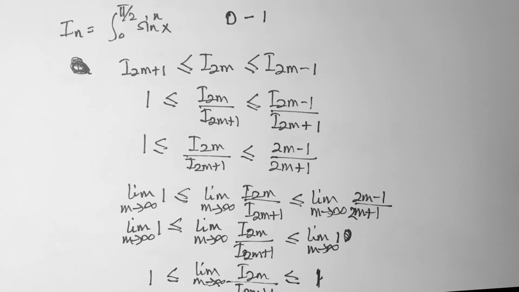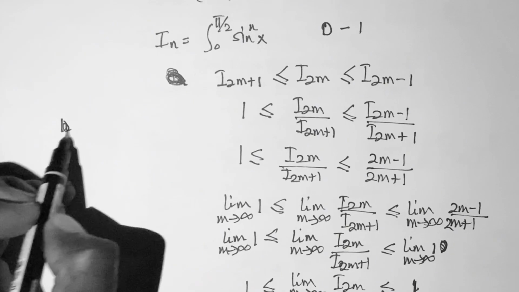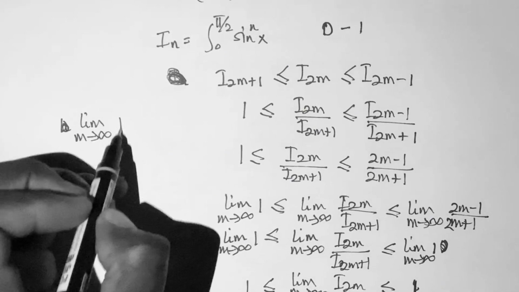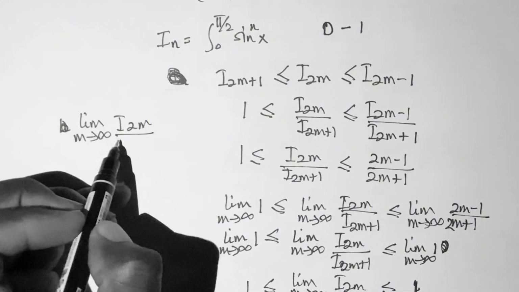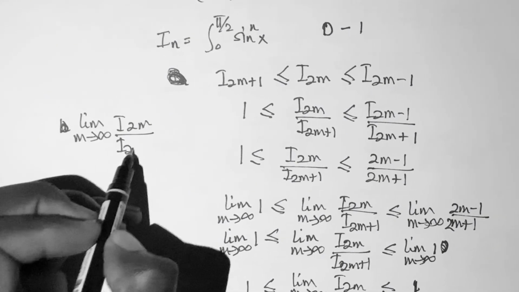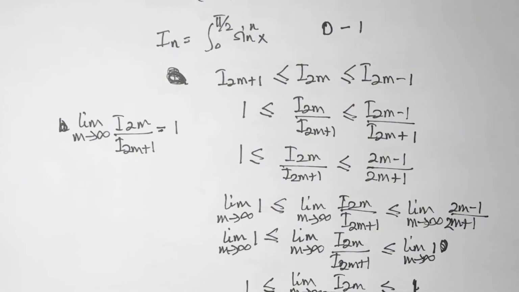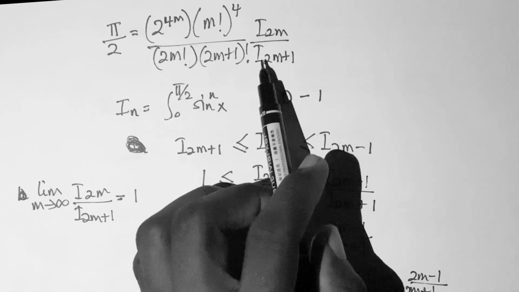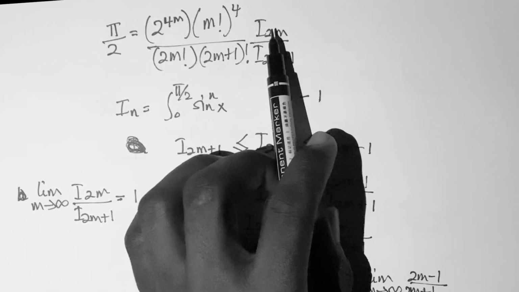So what it means is that now, using squeeze theorem, we can conclude that limit as m approaches infinity of I of 2m divided by I of 2m plus 1 is equal to 1 using squeeze theorem in this case. So now what it means is that all of this I of 2m divided by I of 2m plus 1, if we take limits, this will go to 1.